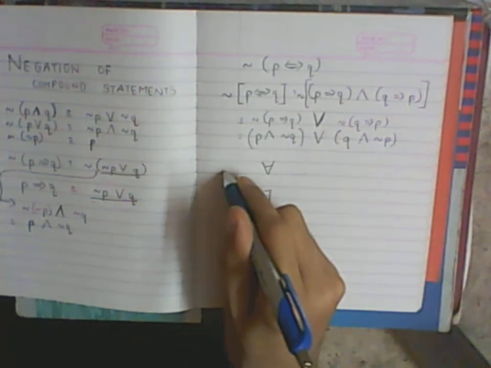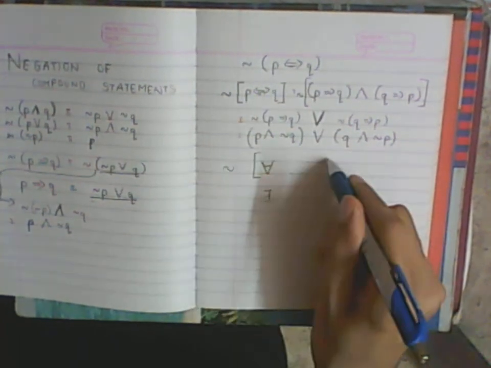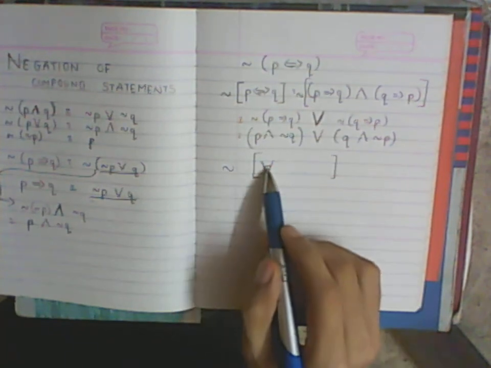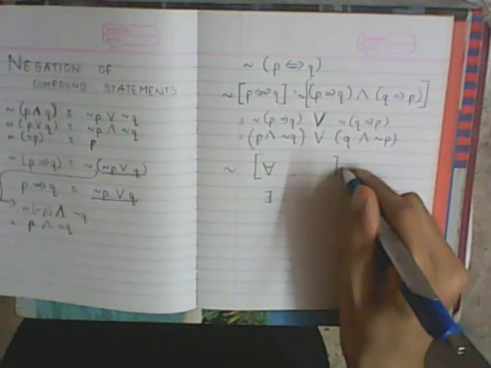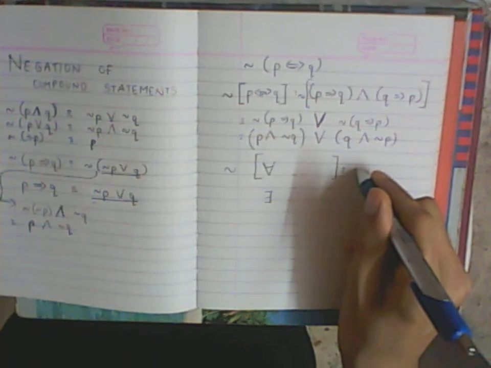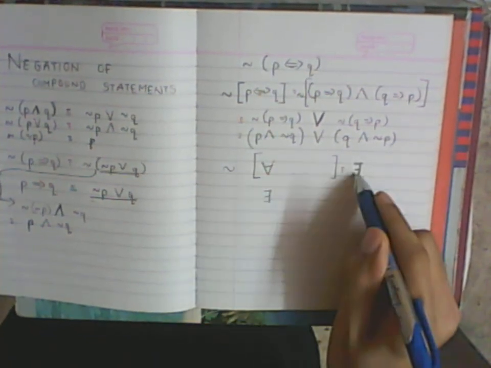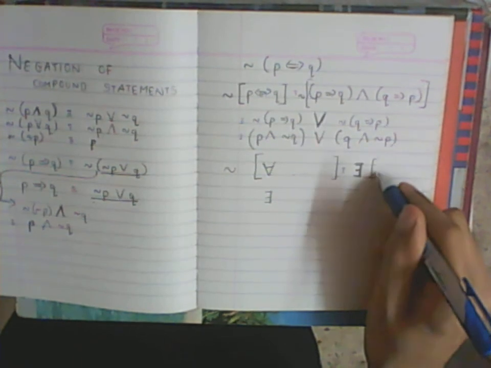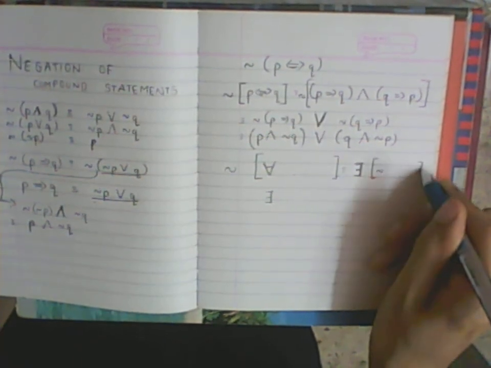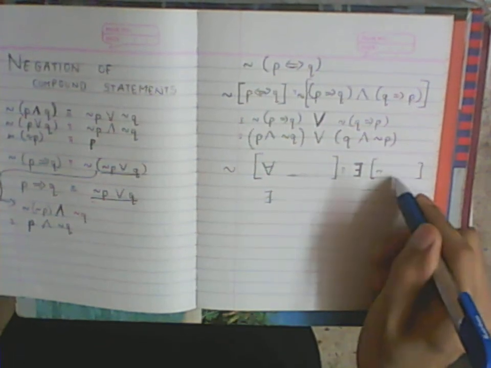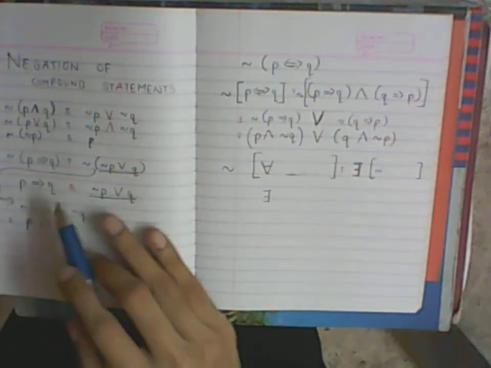So if you want to find the negative of this statement, negative of a statement involving a for all is equivalent to there exists. This for all turns to a there exists, and then you find the negative of the statement that is inside, which might involve some of the previous knowledge.